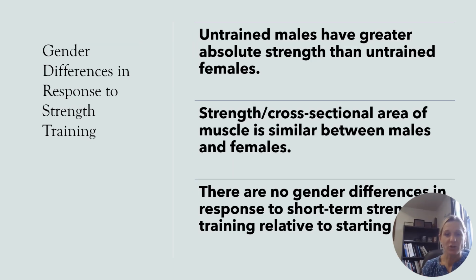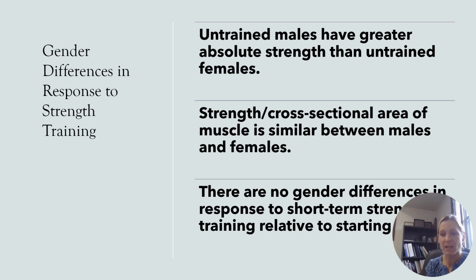Okay, we think about gender responses to strength training. It turns out that when we look at an untrained male versus an untrained female, the untrained males will have a greater baseline strength in comparison to the females, and that's due to testosterone. However, when we look at both males and females as it relates to chronic change to a strength plan, we don't see any gender differences related to their starting point.